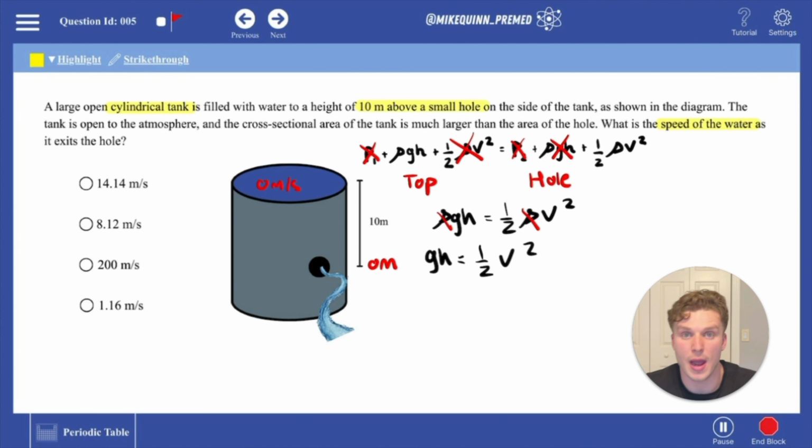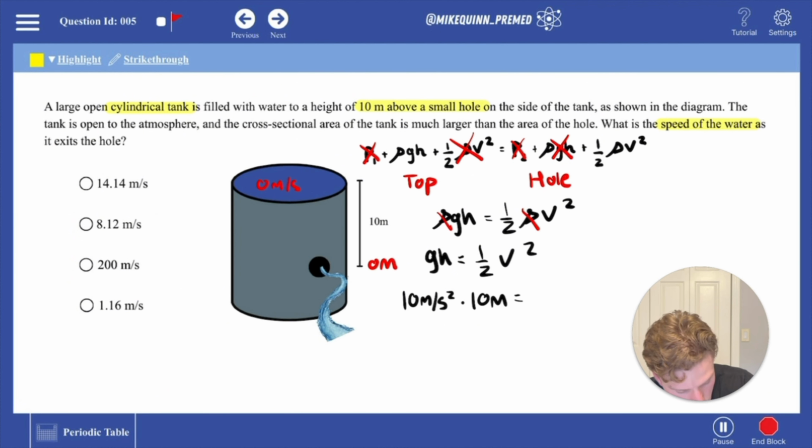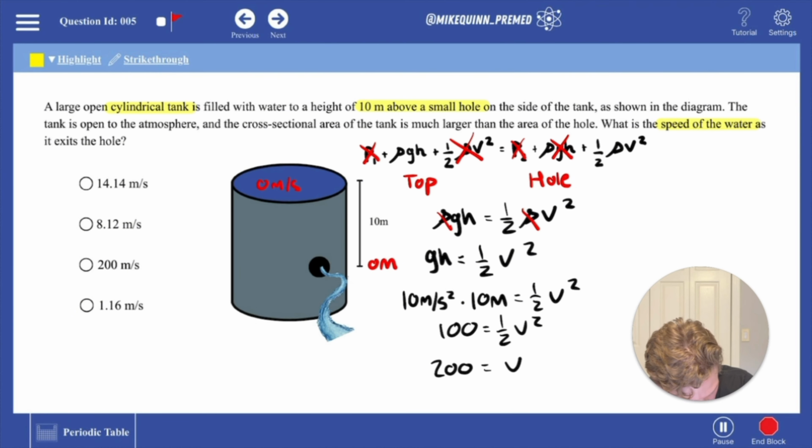The gravitational acceleration constant is 10 meters per second squared, times 10 meters, equals 1/2 velocity squared. So this is 100 equals 1/2 times velocity squared, which gives us 200 equals velocity squared. We take the square root of that, so the square root of 200 is equal to the velocity.